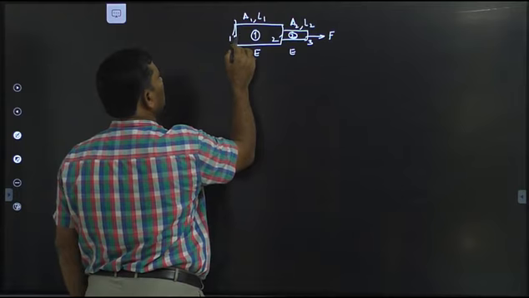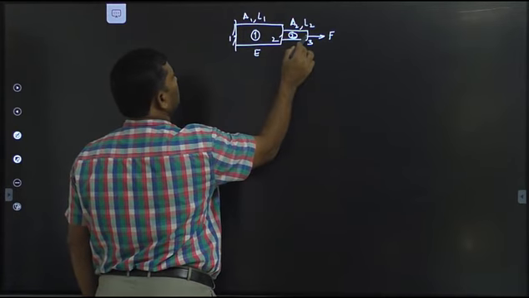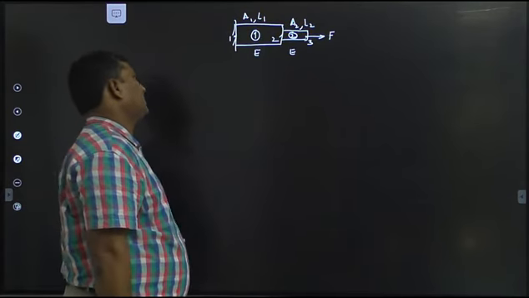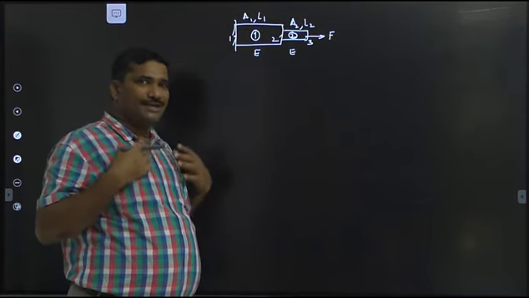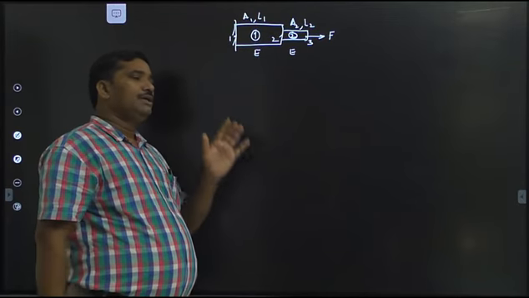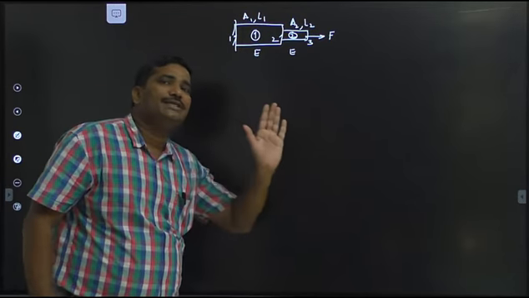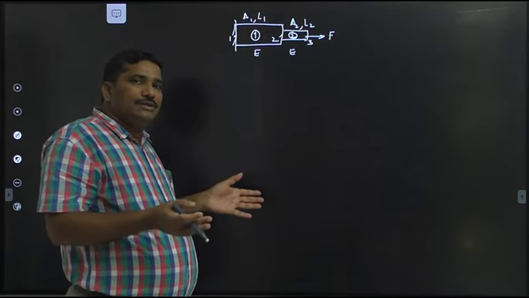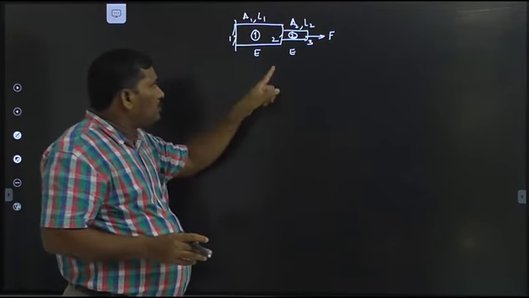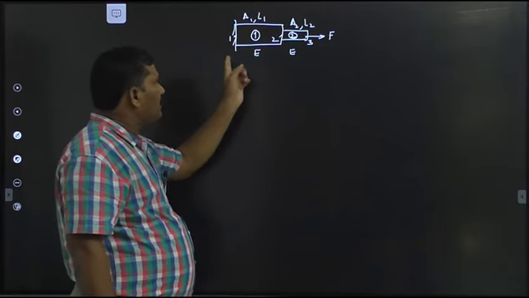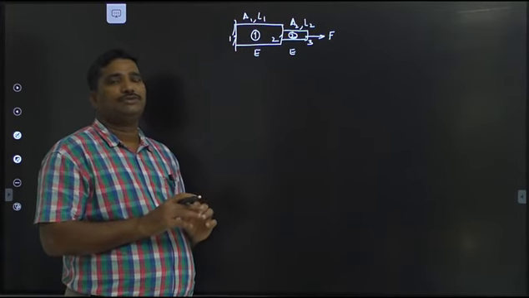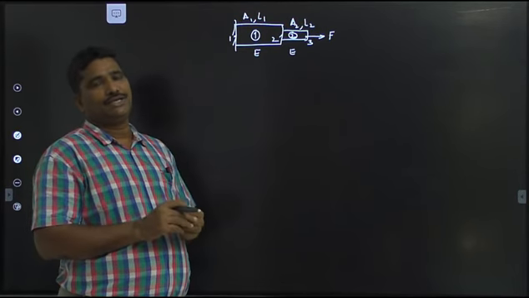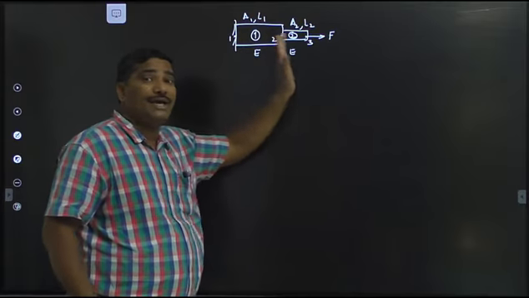This is node 1, this is node 2, and this is node 3. Now, what is my interest? My interest here is to determine the stiffness matrix for each element. Then I assemble the stiffness matrices of both elements to get the global stiffness matrix, that is, the stiffness matrix of the entire domain.